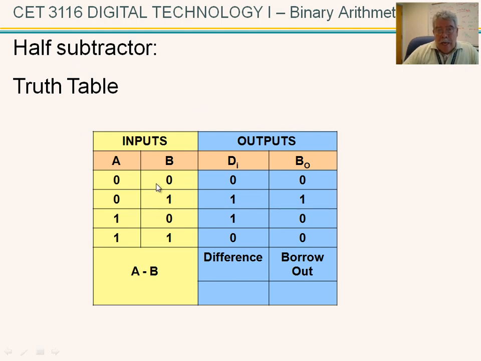Okay, it works okay only for the rightmost column, in which we don't have any borrowing. Okay, so this is all the rules that we already seen. 0 minus 0 is 0, 0 minus 1 is going to be 1, and with a borrow of 1. And these are 1 minus 0 is going to be 1, and 1 minus 1 is going to be 0. In the last two cases, no borrow out. So the only one that generates a borrow is this one.